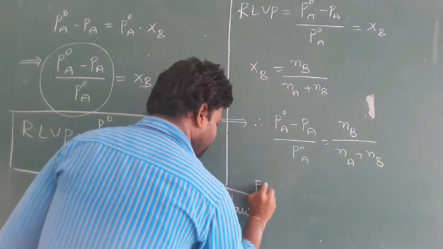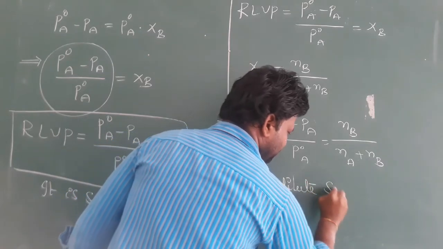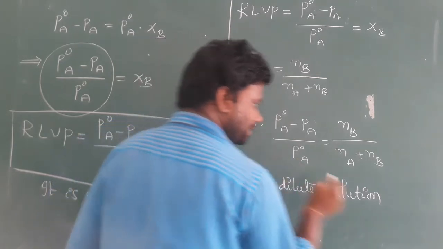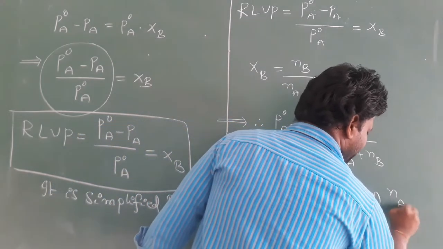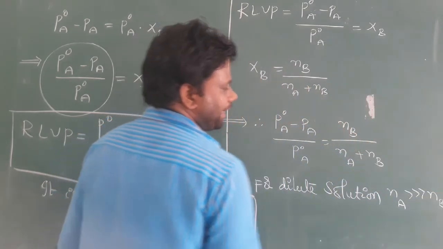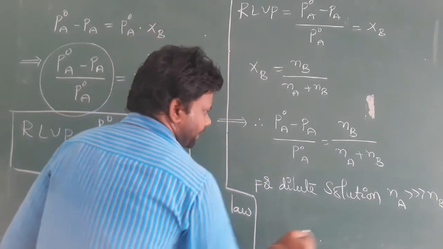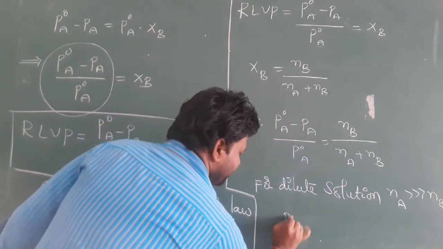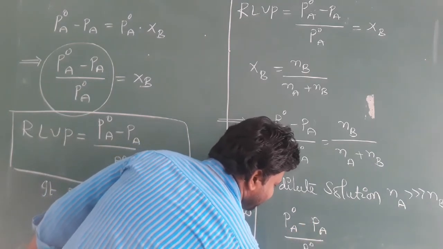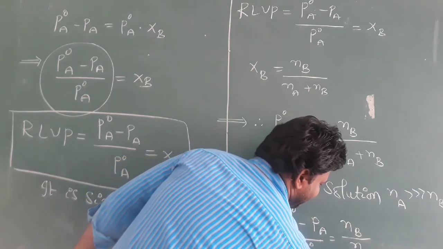For dilute solutions, NA is much greater than NB. So NB value is neglected in the denominator. Therefore P naught A minus PA by P naught A is equal to NB by NA.